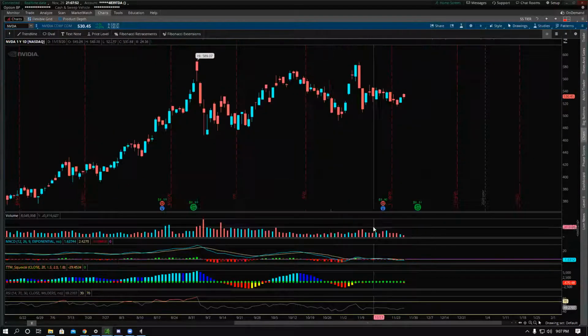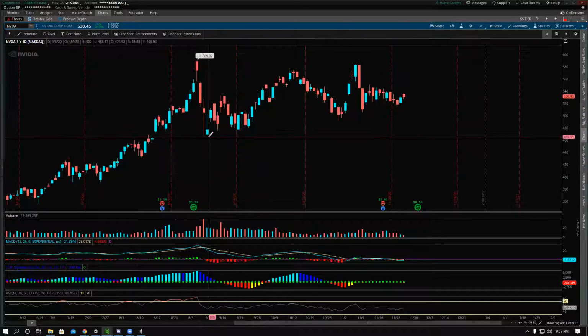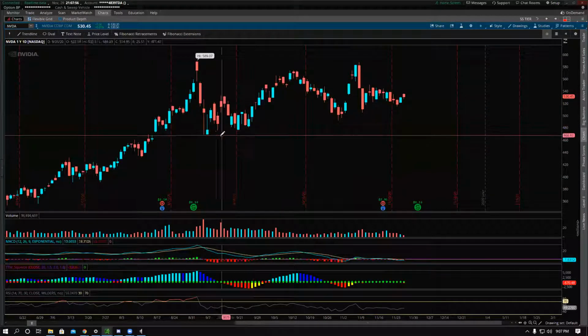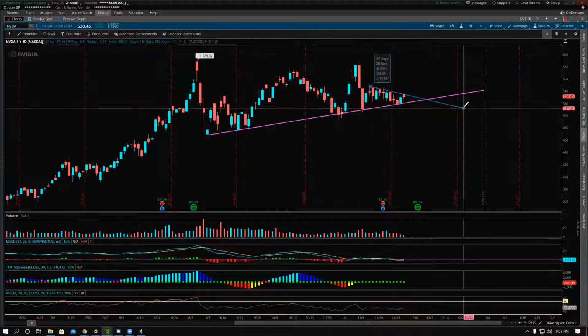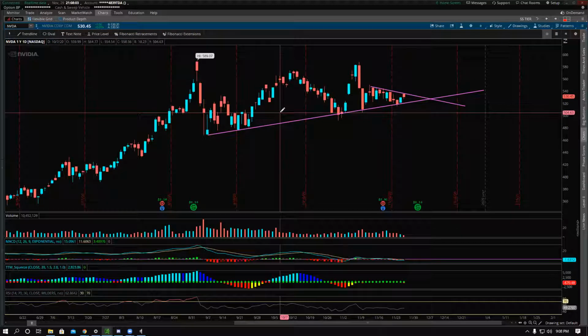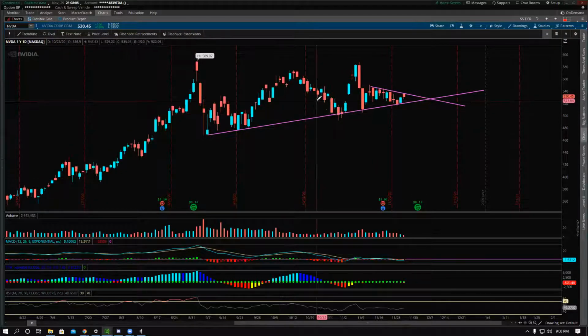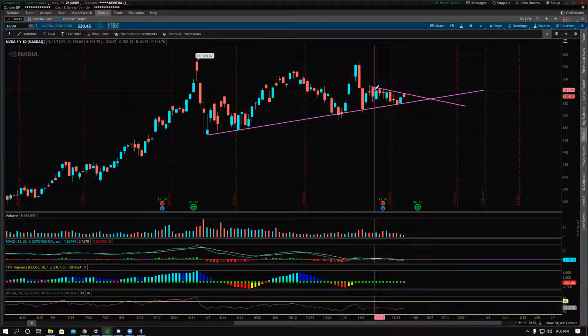Looking at Nvidia here, let's look at the RSI. Not much is going on. On the daily, things look kind of flat. TTM, slightly red right there.